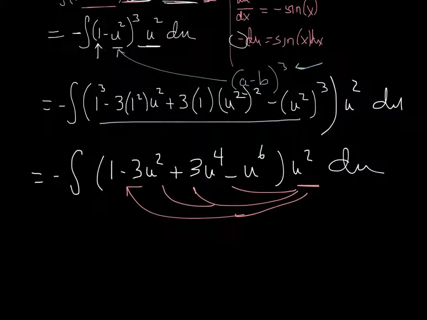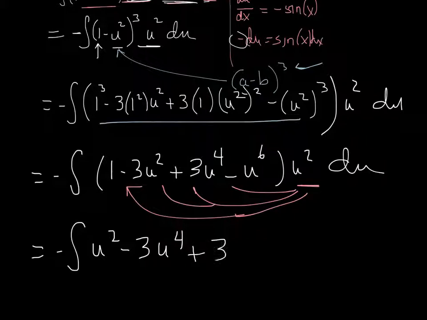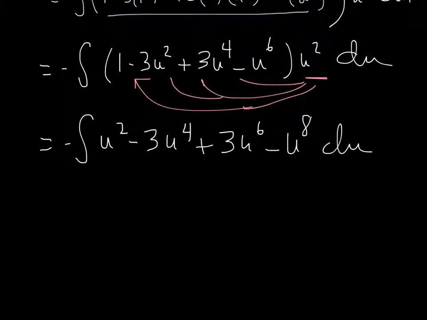So that's minus the integral of u squared minus 3u to the 4th plus 3u to the 6th minus u to the 8th du. And now I'm home free. It's just time to integrate.